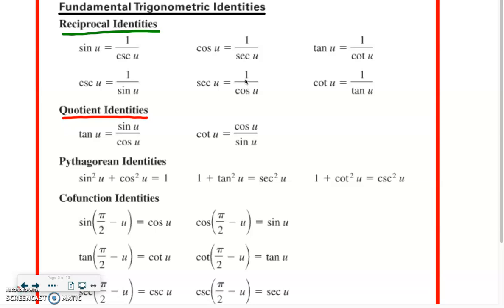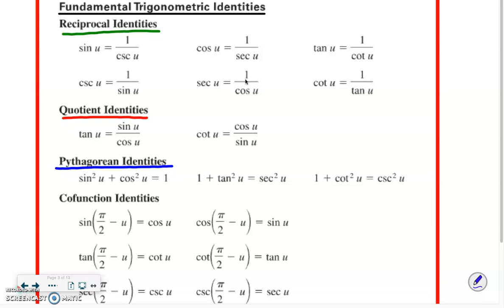We know that cotangent's the reciprocal of tangent, so hopefully it follows suit that if tangent is sine over cosine, then cotangent's going to be cosine over sine. Both of these we've already used. I'm just looking at it like a checklist, basically. Check, we have the reciprocals. Check, we have the quotient identities. And then we get to the Pythagorean identities, and I would say that we're probably not ready to check this one off the list yet.